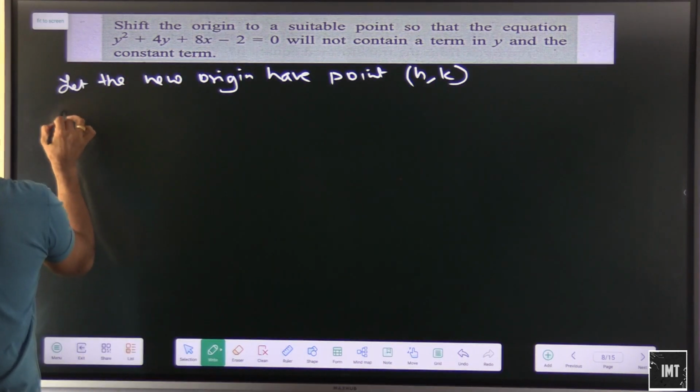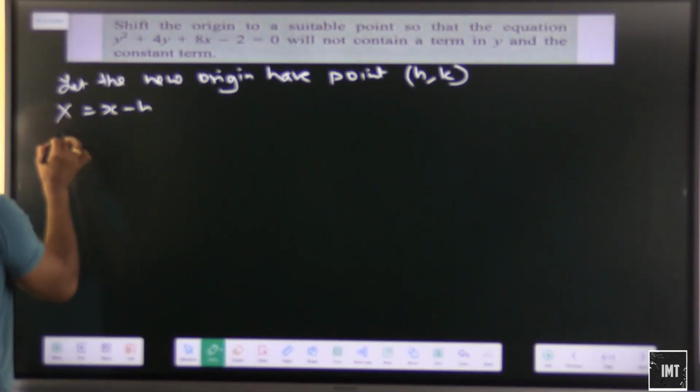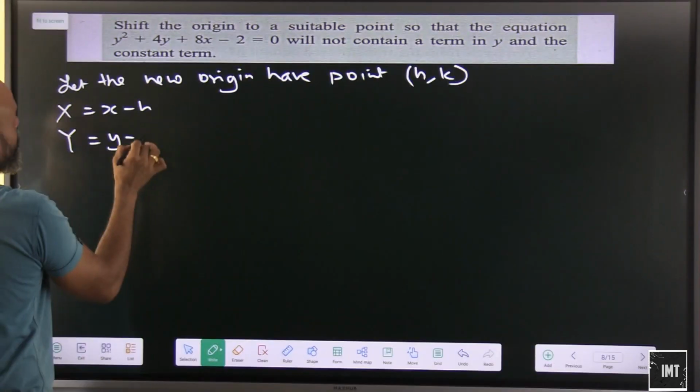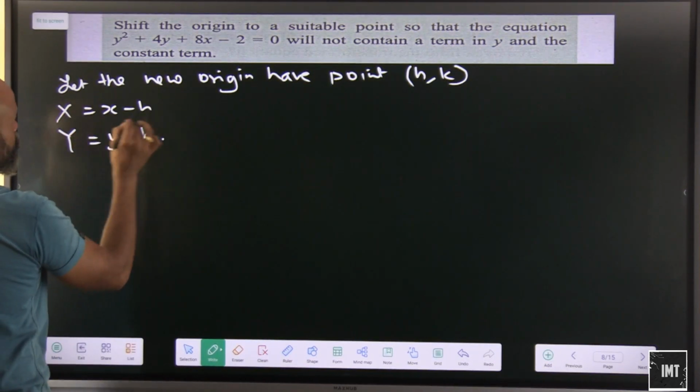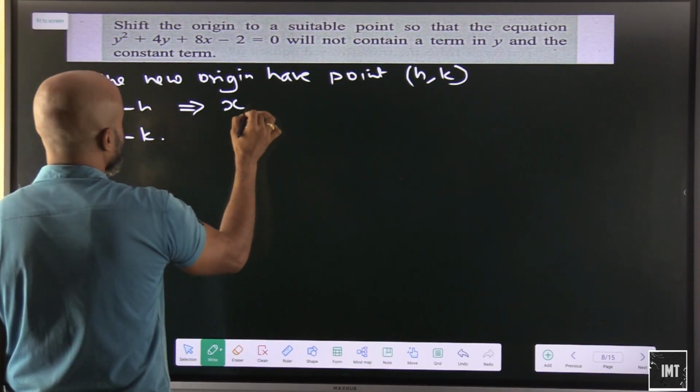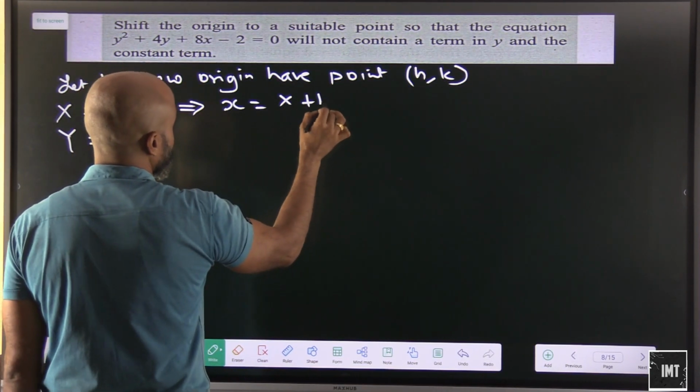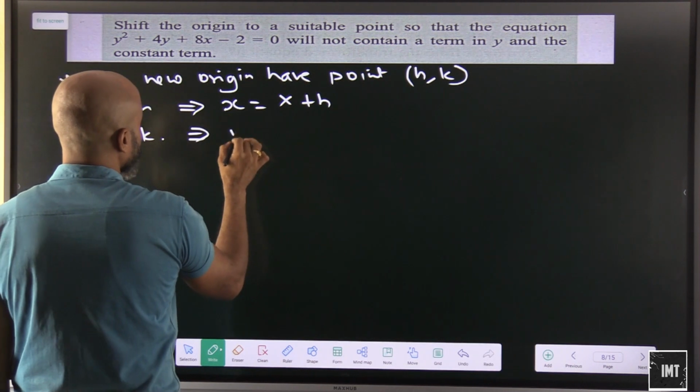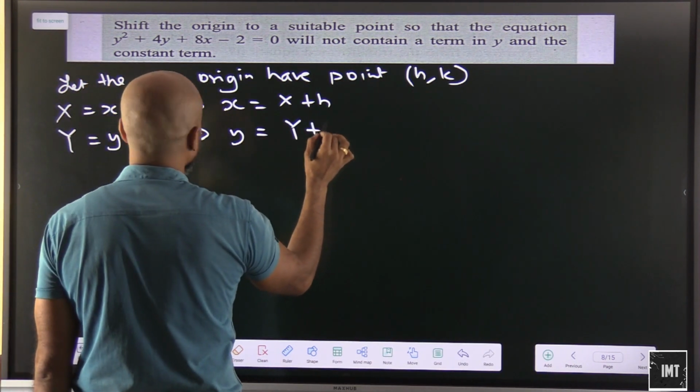So in that case, X will be the original point minus h and Y will be y minus k. If I substitute this, x will be capital X plus h, and similarly y will be capital Y plus k.